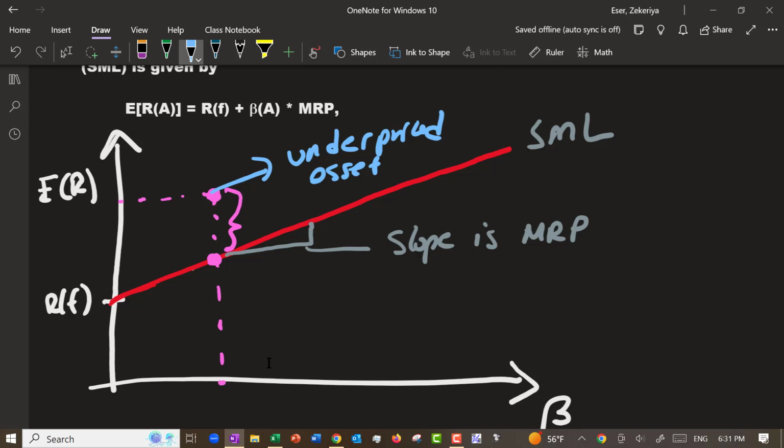So their expected future cash flow is the same, but the price that cash flow commands right now is too low. That's why expected return is high. But if there is a disequilibrium like that, market is going to move to remove the disequilibrium. As the price goes up, expected return starts coming down.